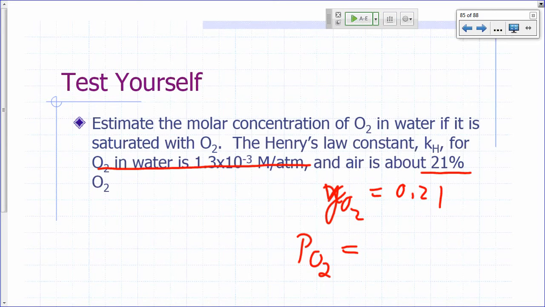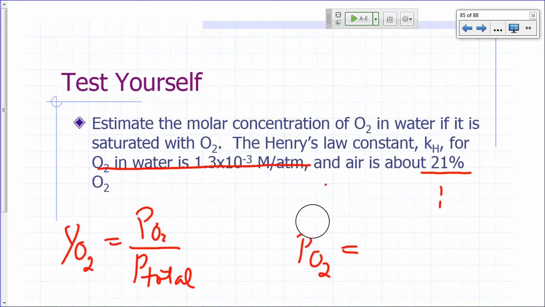If air is 21% oxygen, what's the partial pressure of oxygen in the air? What's the pressure of the air typically? 1 atmosphere. So what's 21% of 1 atmosphere? 0.21 atmosphere, right? So you say mole fraction of O2 is P O2 over P total.